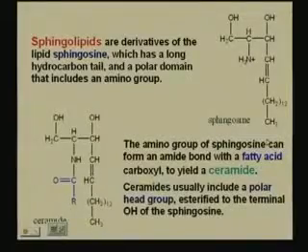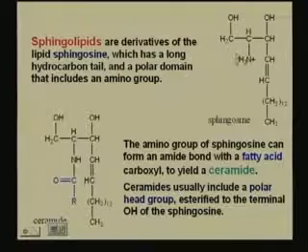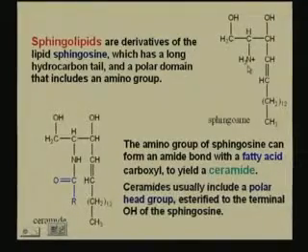Okay. So, by default sphingosine comes with a long hydrocarbon chain. It has a polar region here that constitutes an amino group, an NH3 plus. Now, what can happen with the NH3 plus and a fatty acid? It can form an amide, right.